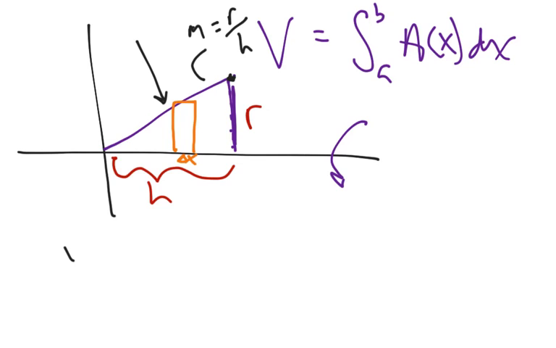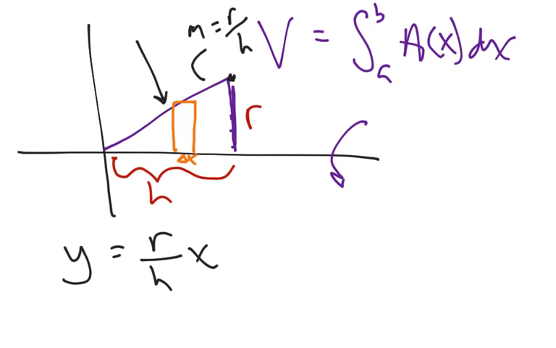So I can write the equation as y equals r over h times x. That should make some sense, because the slant height, as it's usually called for a cone, is directly related to the ratio between the height and the radius.